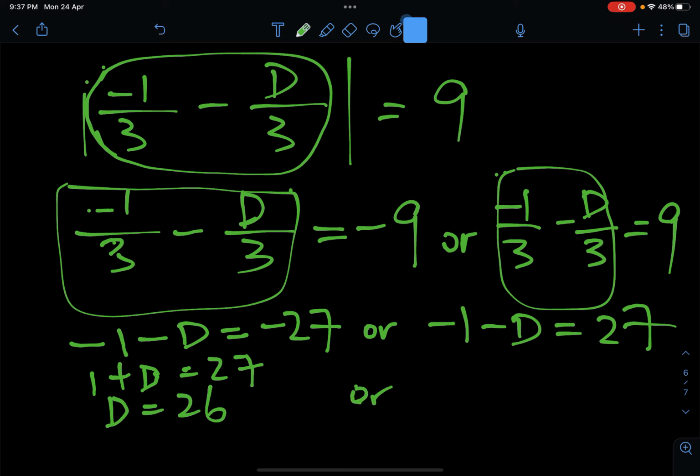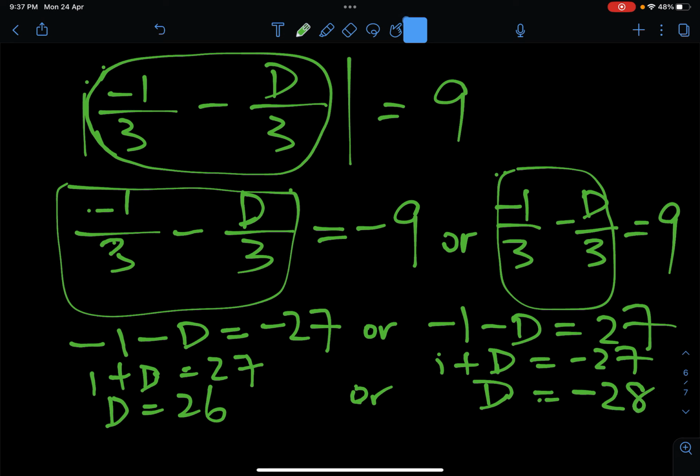Or 1 plus D is minus 27, so D is minus 27 minus 1, which is minus 28. So you have two answers for D.